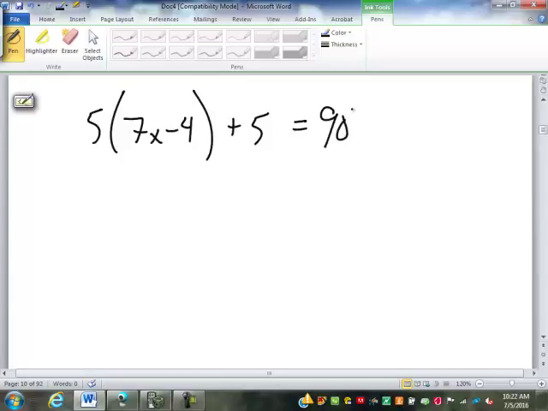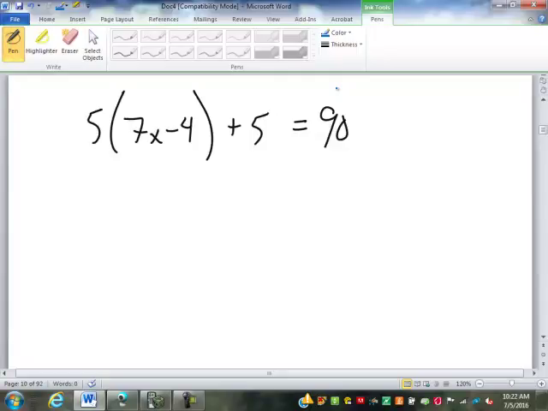what's different here? Yeah, there's something outside the parentheses, that plus 5. We're going to proceed just like we did the first two. We see the parentheses. Is there anything to do inside the parentheses?